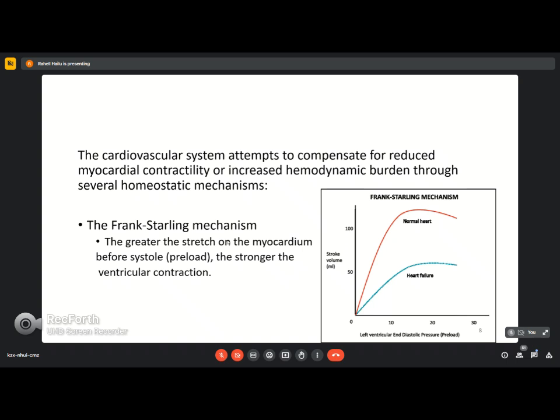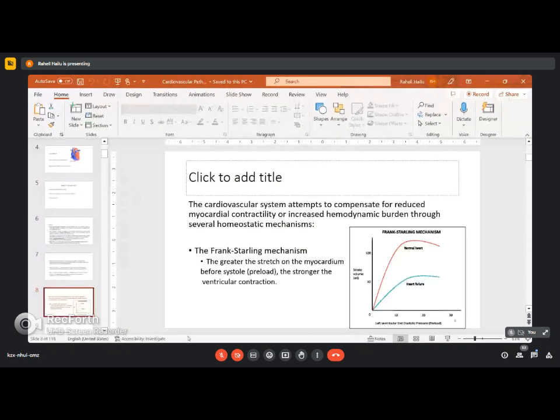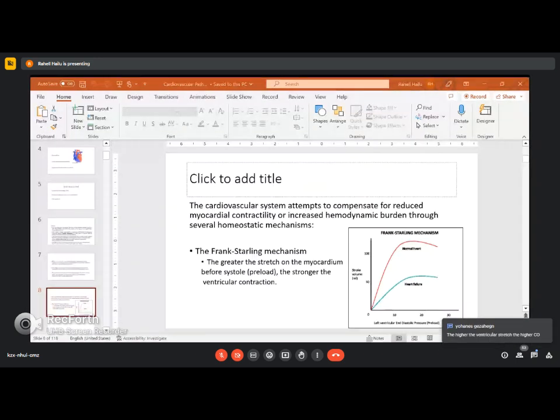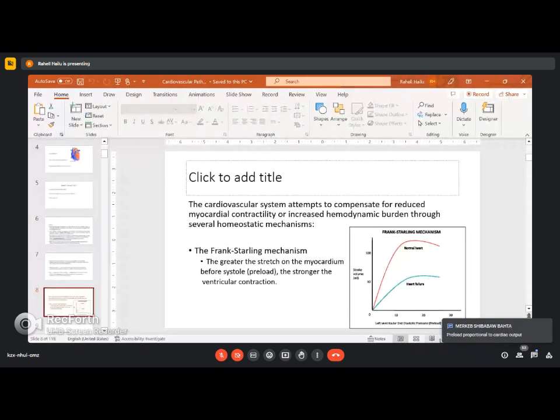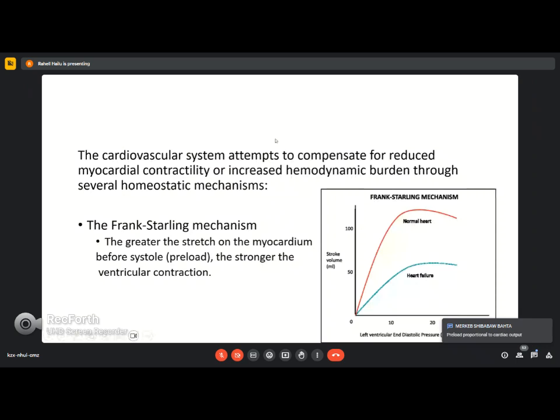Can anybody revise for us what the Frank-Starling law states? Just a simple formula, maybe. Yep. The higher the ventricular filling, the higher the cardiac output, or the higher the stroke volume.